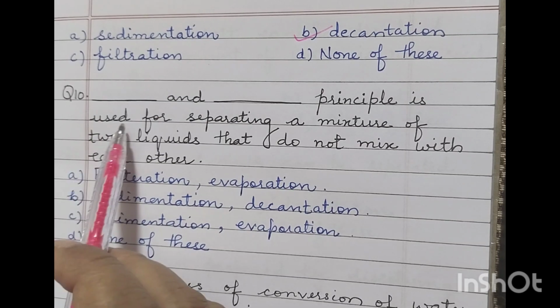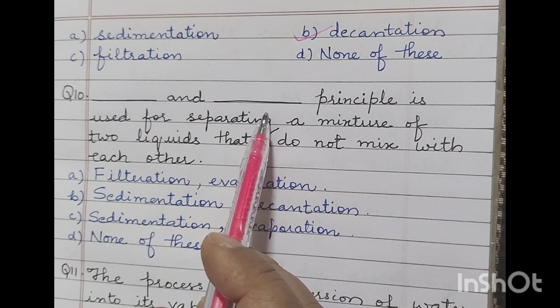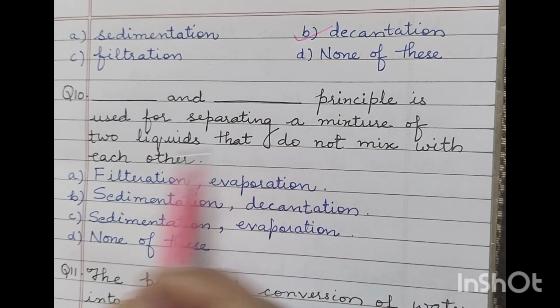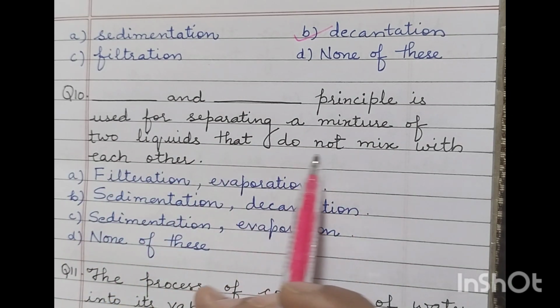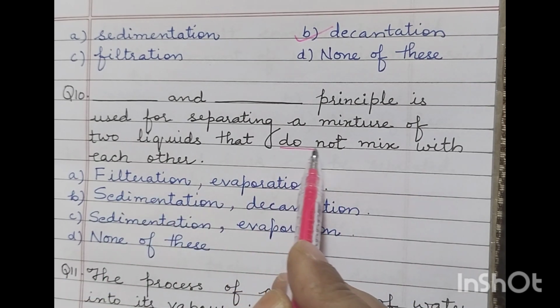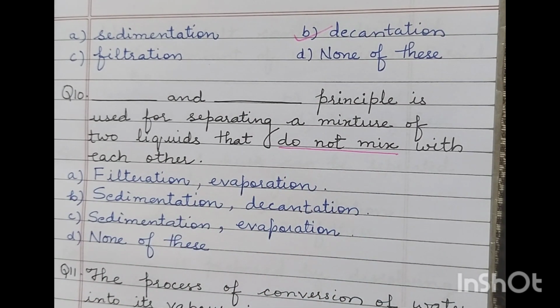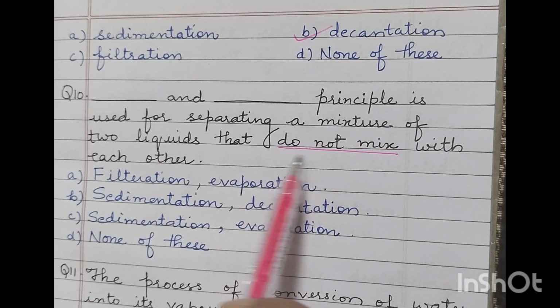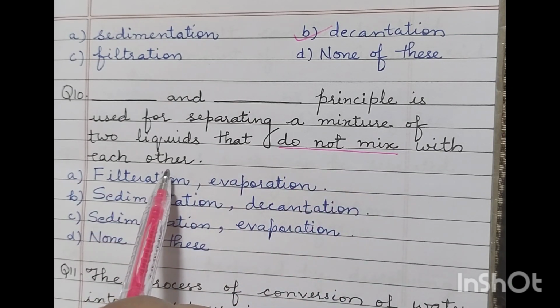Question number 10. Dash and dash principle is used for separating a mixture of two liquids that do not mix with each other. Now look here, I am talking about two liquids that are not mixing with each other. This should be the nature of the two liquids, that they do not mix with each other.